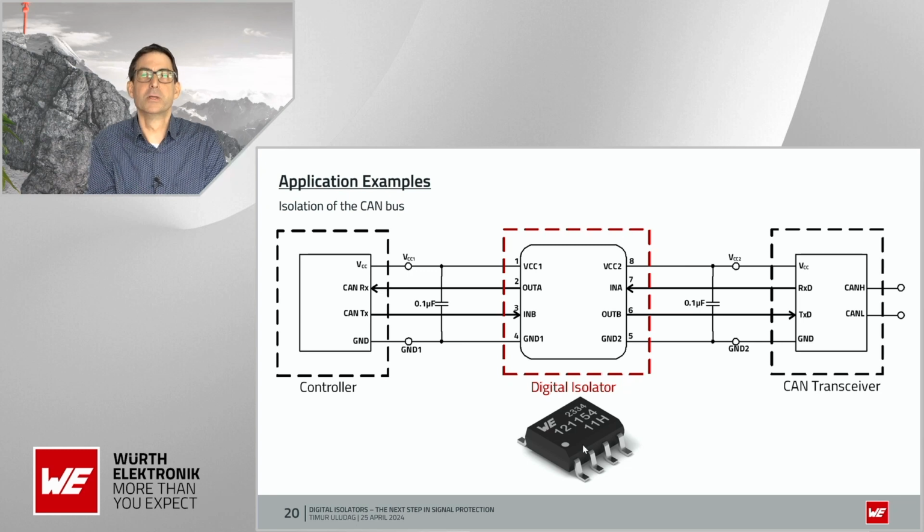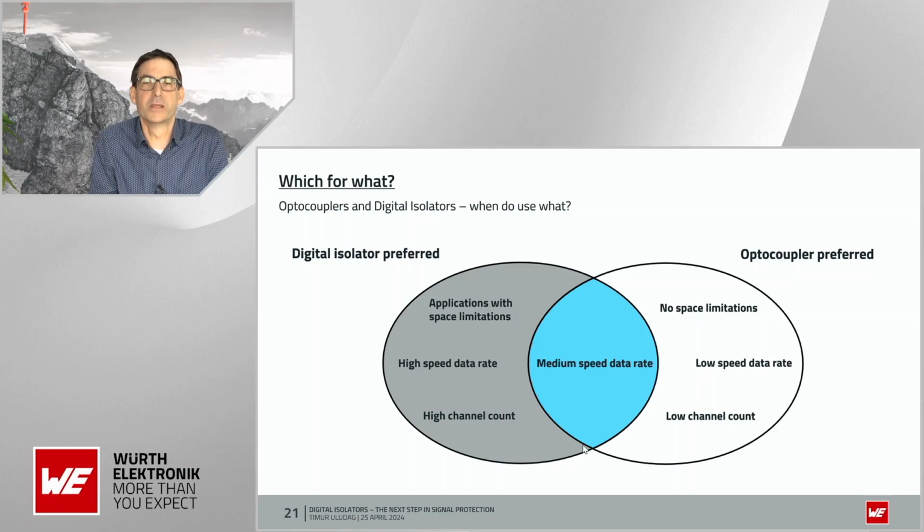Normally now, if we were in a face-to-face meeting, the question rising would be, yeah, but I can also use some optocouplers special for CAN. Yes, let me sort this out a little bit.